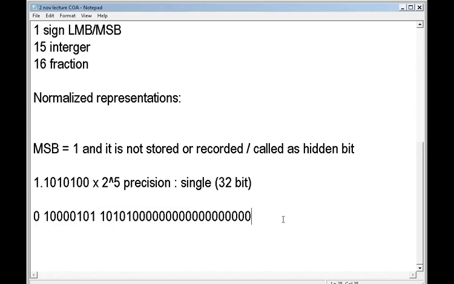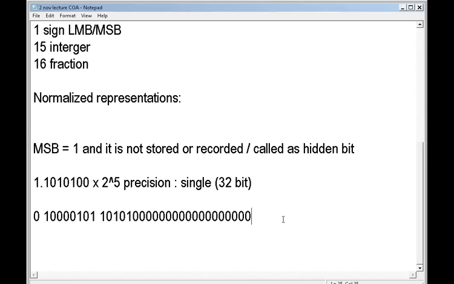For example, if we are using fixed point representation, we may have the largest number 32768 in 16-bit representation, because 2 to the power 16 would be approximately about 32768.